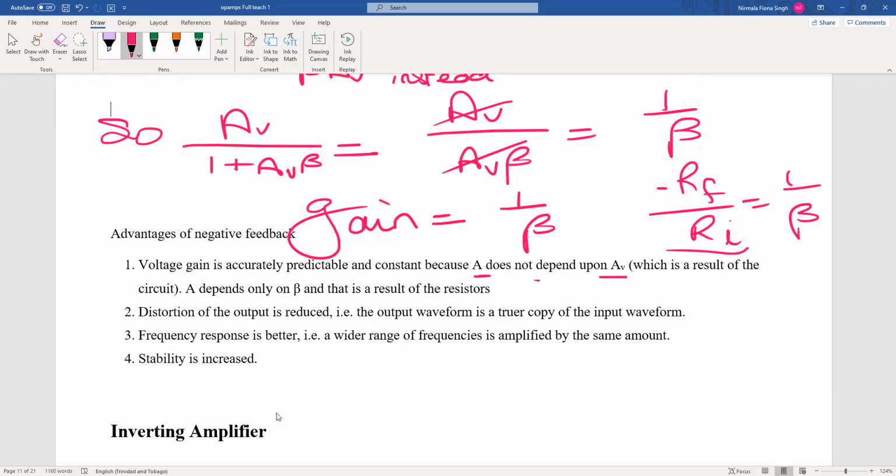Remember, we said that the gain of your feedback system is simply the ratio of RF to RI. Those are your external resistors. This has nothing, absolutely nothing, to do with your amplifier itself.